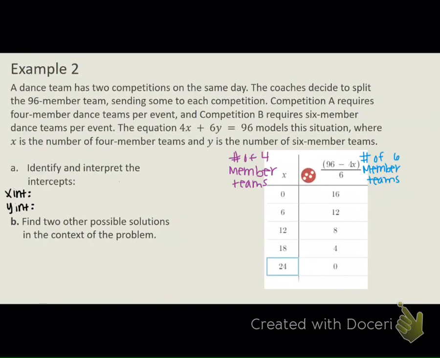If you were to plot the point 0, 16, that would be up here. Is that the x-intercept? No, that's the y-intercept. Which one is the x-intercept? 24. And as an ordered pair, 24, 0. Good.